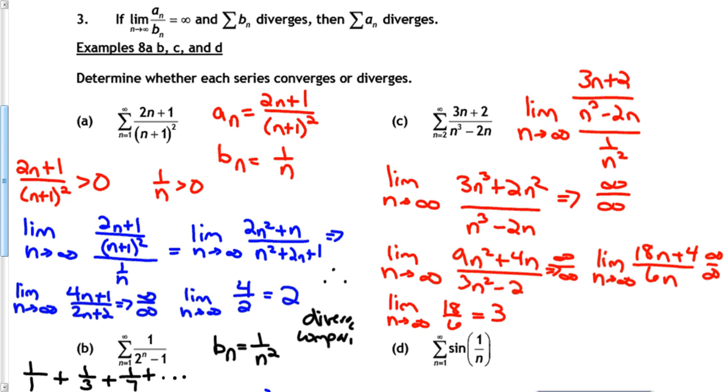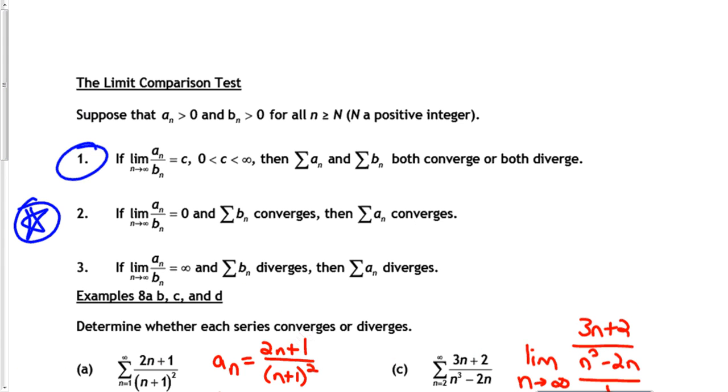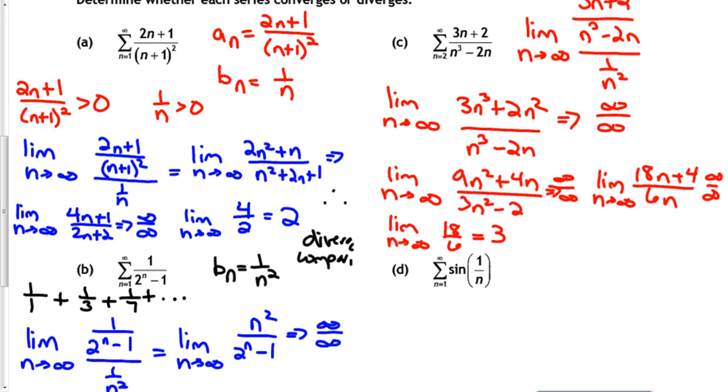So I actually get a value. I'm scrolling back up to look at the test. So I got a value, which means both of these series either diverge or converge. I compared this one to 1 over n squared. So I need to do some writing here.